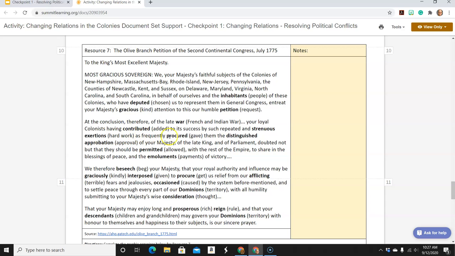"As frequently procured them distinguished approbation, or approval, of your majesty, of the late king, and of Parliament. Doubted not but that they should be permitted, with the rest of the empire, to share in the blessings of peace and the payments of victory," or immolations. What they're saying in this paragraph is this: we should have the right to move to the land we won. The Proclamation of 1763 was unfair.